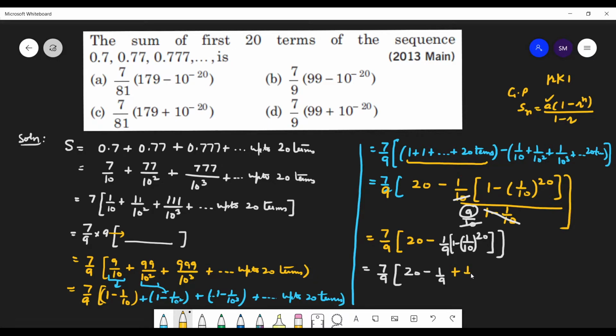Now let's do the next question. You have an infinite GP which has the first term as x and sum 5.